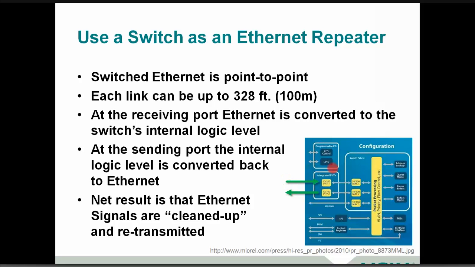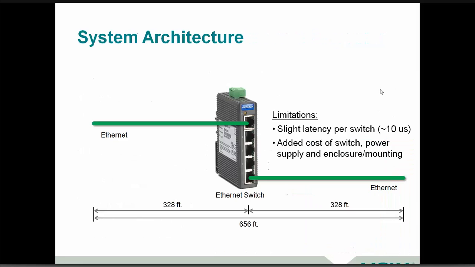So in this conversion in the switch, each one of those links can go another 300 feet. So the net result is basically that those point-to-point links are cleaned up at the switch level and retransmitted, which gives us a capability to extend our connections through a switch.